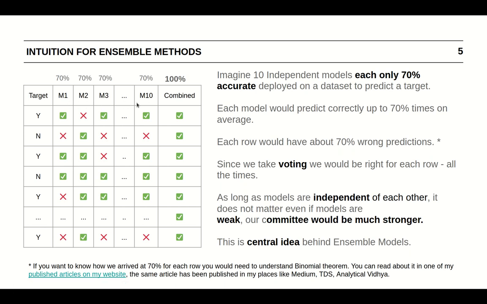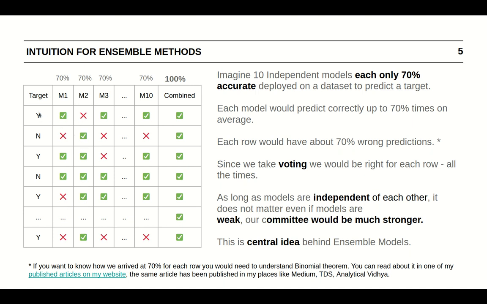Now remember when I said each of the models has to be a little different from each other, and this is why it has to be a little different, because if each model was the same, every model would predict the same rows correctly and the same rows incorrectly. But because these are different models, each model, though predicting 70% of these correctly, the exact matches would be different.